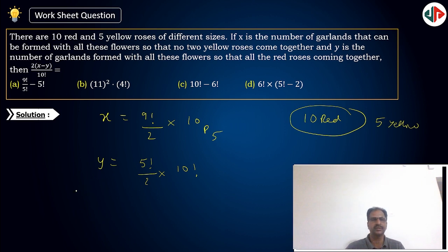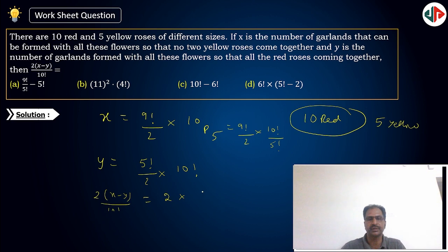So this is x and this is y. And now the question is 2 into x minus y by 10 factorial. Now this 10 P5 can be written as 10 factorial by 5 factorial. Now 2 into x minus y by 10 factorial is the required value.